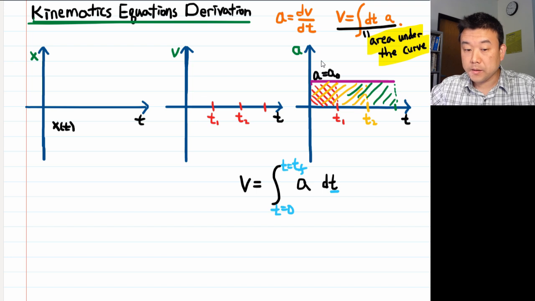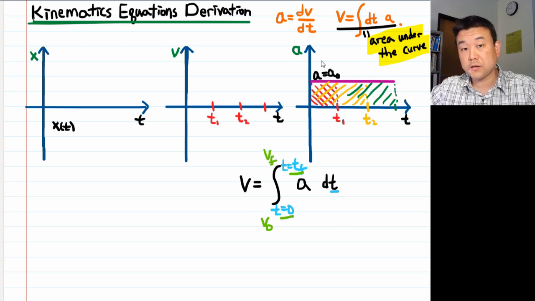And I hope that these limits will start to highlight and cause you to start thinking in terms of two endpoints, the initial and the final endpoint, which means there is some initial velocity that you should be thinking of, and there's some final velocity that you should be thinking of.